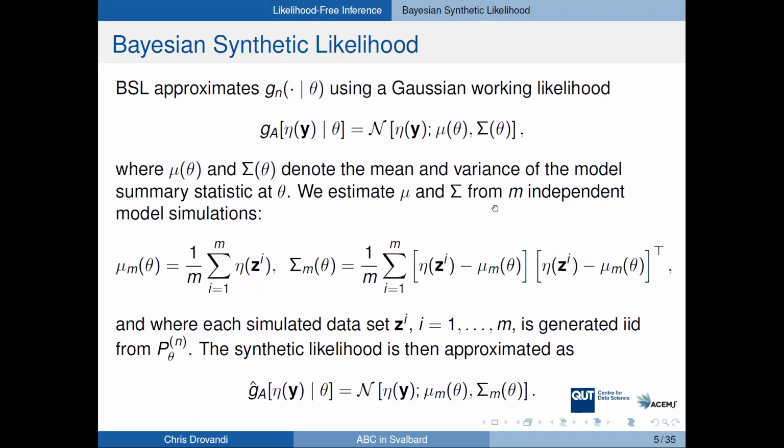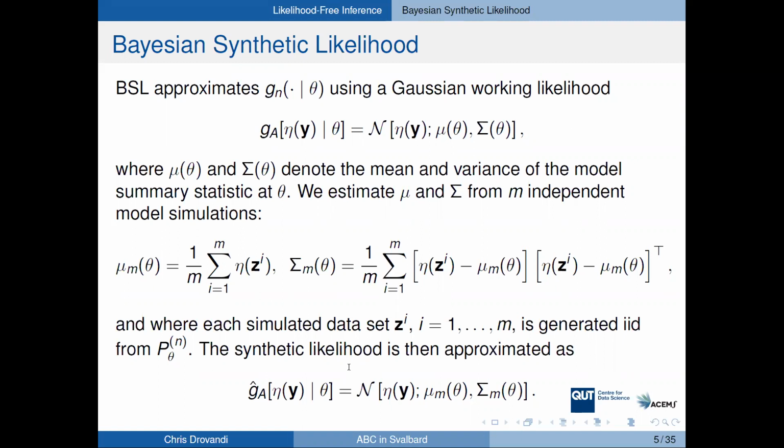So again, we generate our M simulations from our statistical model. We compute the summary statistics for each of those simulations, and then we compute the sample mean and the sample covariance. Then we can plug them straight into our multivariate normal density and evaluate it at the observed summary statistic. This gives us our BSL approximation to the likelihood, and we can also feed this into an MCMC algorithm.